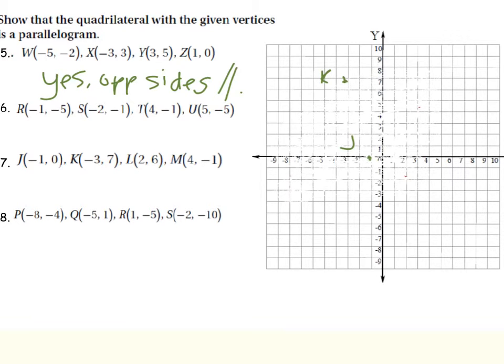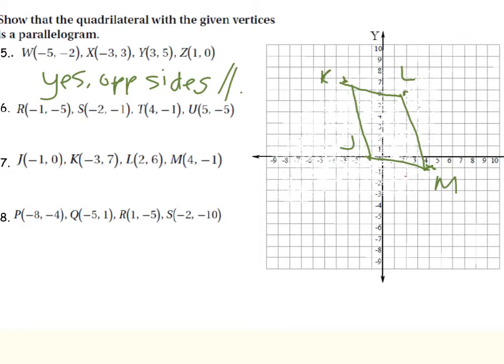There's K. L is 2, 6. There's L, and M is at 4, -1. Okay, if I try to connect my vertices.